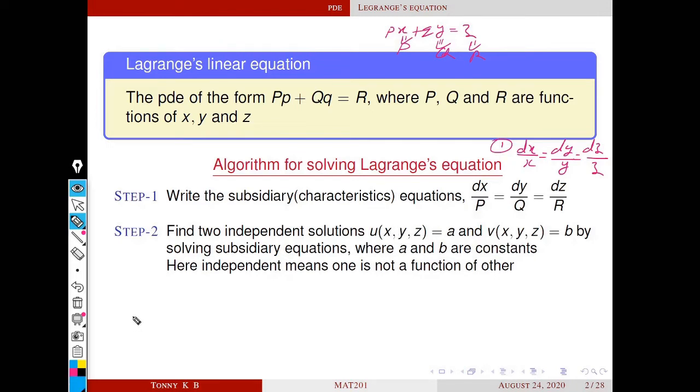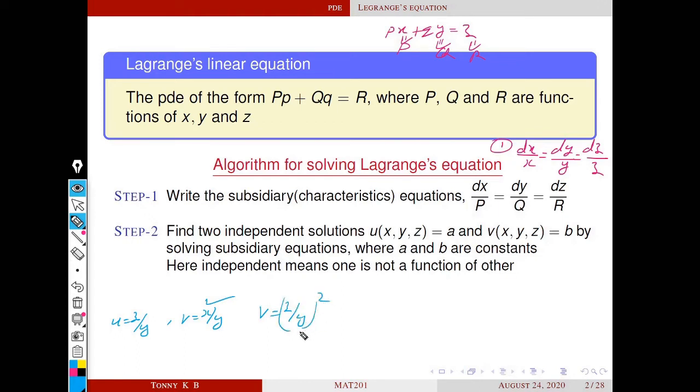For example, suppose u equal to z by y. So we find this u by solving the subsidiary equations. Then v equal to x by y is possible because here v is not a function of u. What about this one? v is equal to z by y whole square.